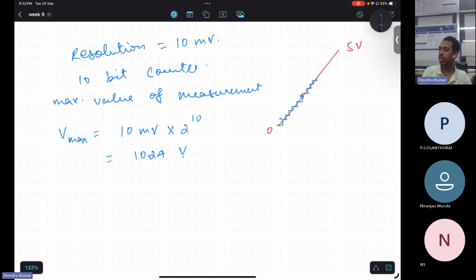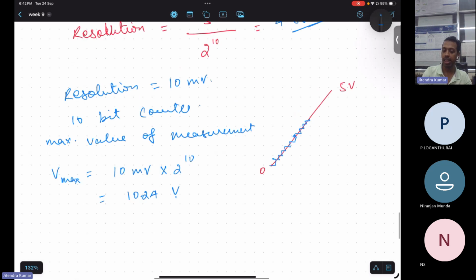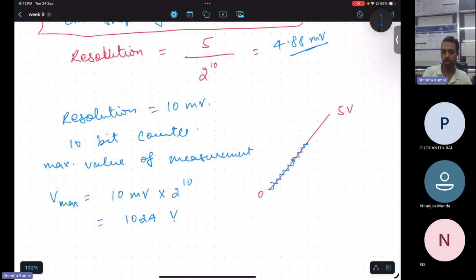So I think you got the idea behind this kind of linear ramp ADC, right? How does this measure and what are the roles of the bits? If you increase the number of bits, you are going to have more range, but they will also occupy memory, so you have to take care how much memory you want to spare. Any doubt regarding linear ramp type ADC?